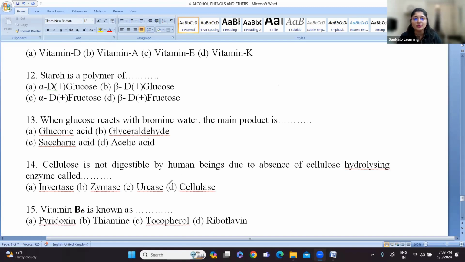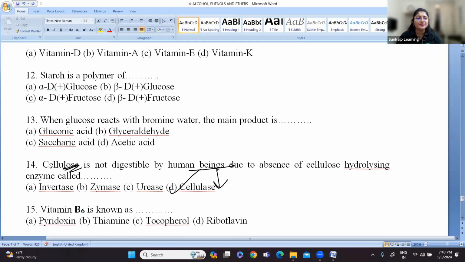Yes. In the human body we are unable to digest cellulose because of a lack of the enzyme called cellulase. This cellulase enzyme breaks down complex substances like cellulose. We lack this enzyme, so we cannot break down cellulose.